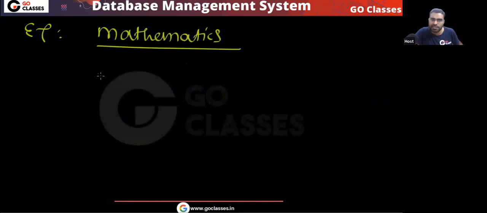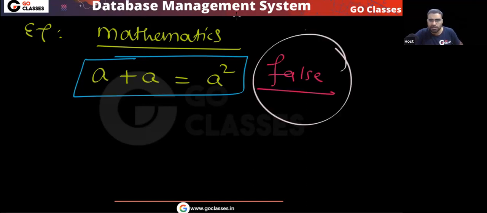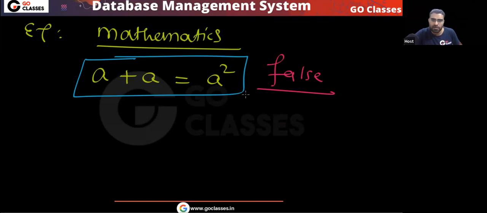In mathematics, can I say that A plus A is A square? Is this statement true or false? This statement is false. But can I say it will never happen? Does false mean never happen?